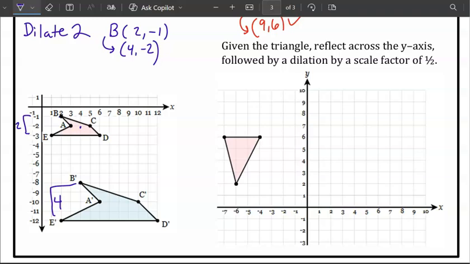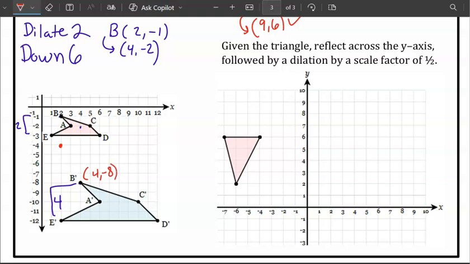And then from there, we would want to go down 1, 2, 3, 4, 5, 6. We could also do this in reverse order, but it wouldn't be down 6. Our final B, our B prime is 4, -8.